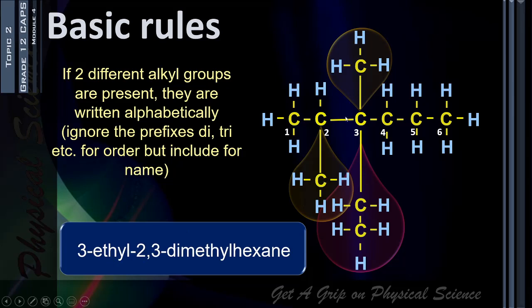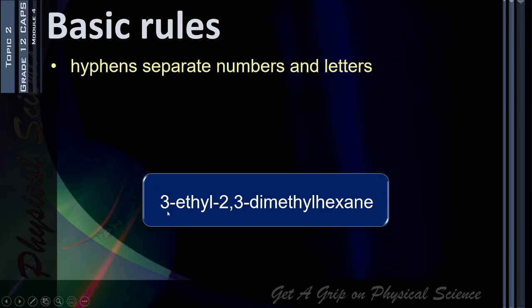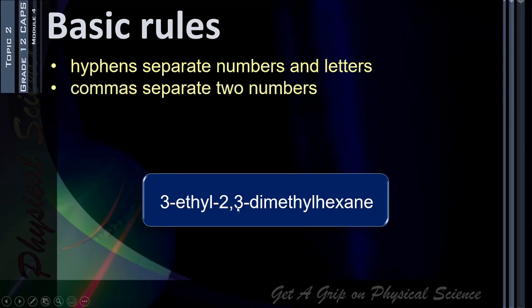There are 2 methyls, dimethyl, hexane, hex for the 6 carbons, and it's an alkane. So the name of this molecule then is 3-ethyl-2,3-dimethylhexane. In a name we use hyphens to separate numbers and letters, and we use commas to separate two numbers.